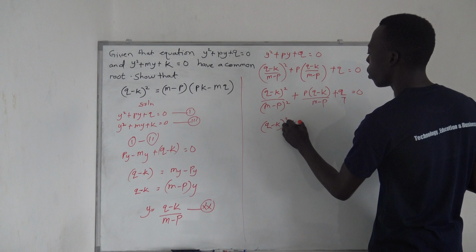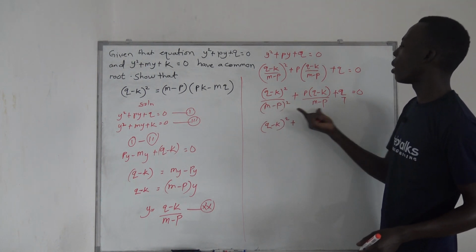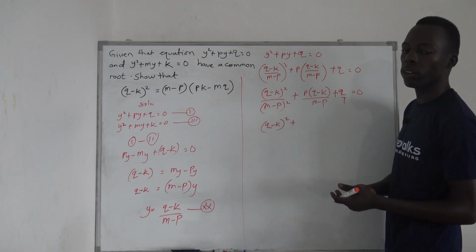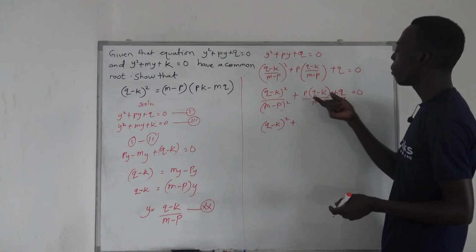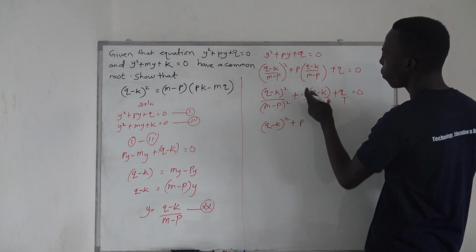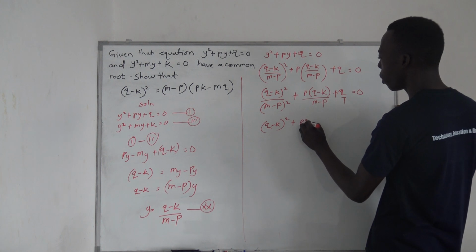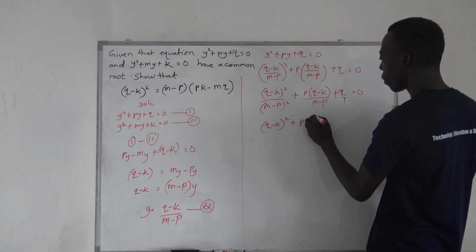Here it becomes plus, dividing this one by this, we remain with only one m minus p. So when you multiply this one, it shall be p. If we first multiply it inside, it becomes this times this, which is pq minus pk.